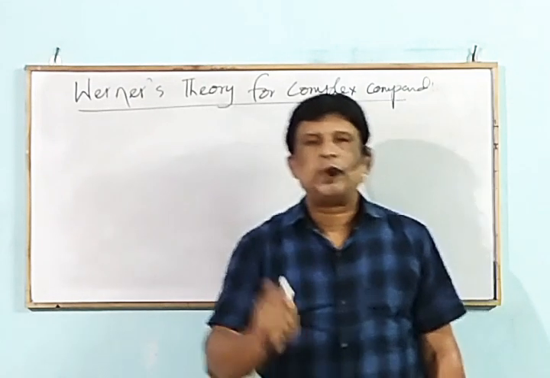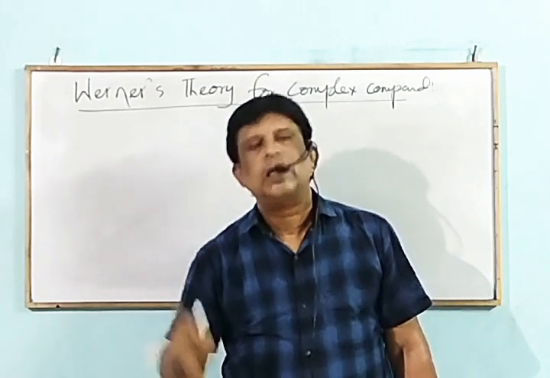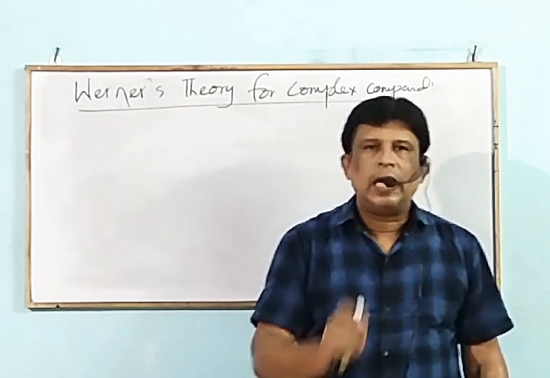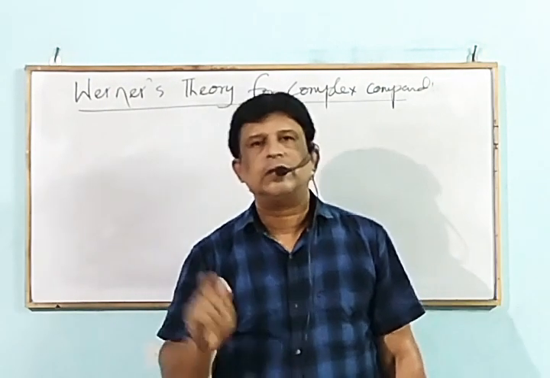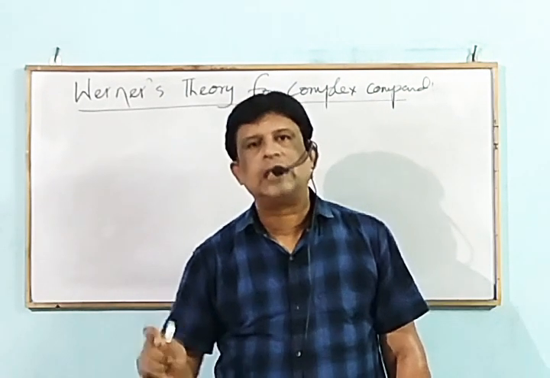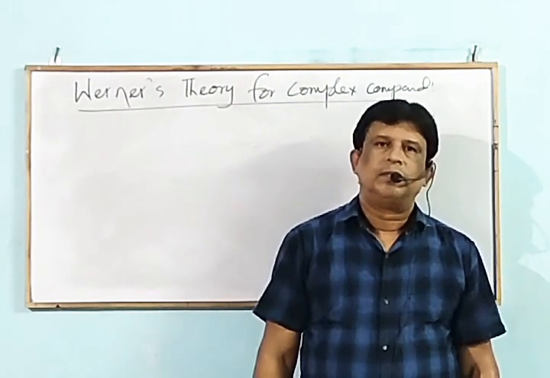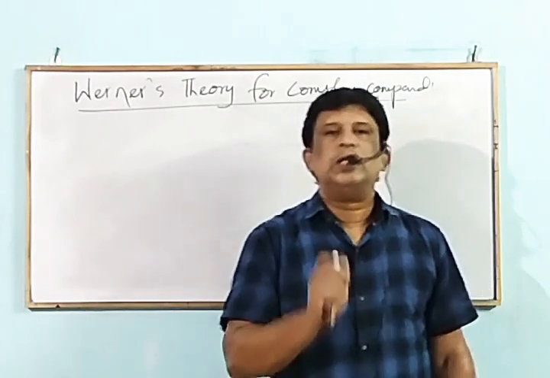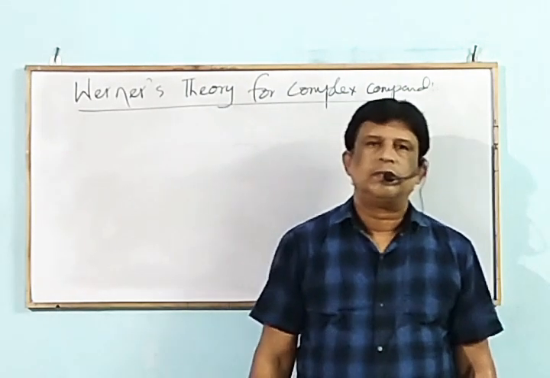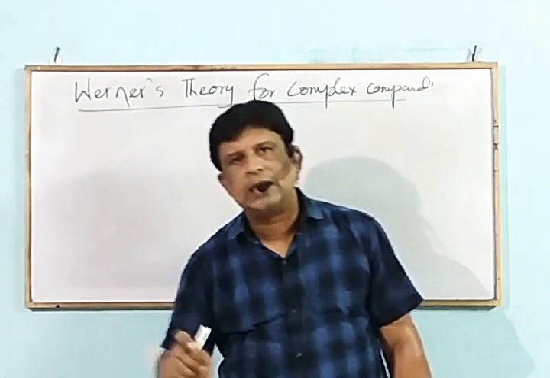Primary valency is satisfied by negative ions, while secondary valency is satisfied by negative ions as well as neutral molecules which behave as ligands. Next point. Primary valency is of non-directional nature while secondary valency is of directional nature.